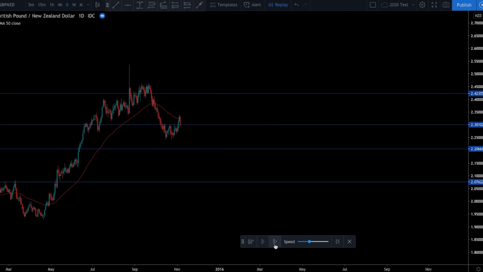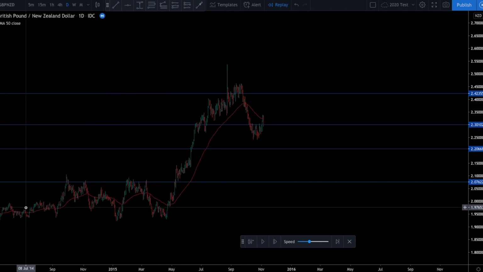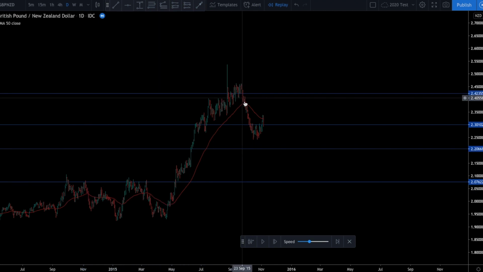I don't really like that line. But the 50 EMA, which I like to keep in, hasn't really been acting as support or resistance, but price has been above it for so long and finally broke it.